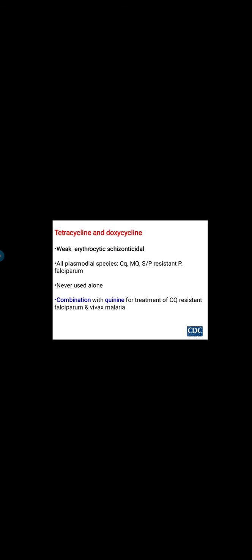Quinine plus doxycycline for 7 days should be used to prevent recrudescence in falciparum malaria, and in combination with quinine for treatment of chloroquine-resistant falciparum and vivax malaria. That's why doxycycline is predominantly used there. Also, doxycycline can be used as chemoprophylaxis for malaria when chloroquine resistance is high in some areas, just like mefloquine.